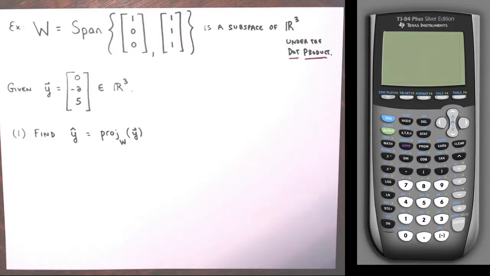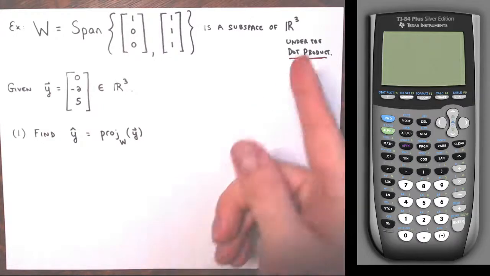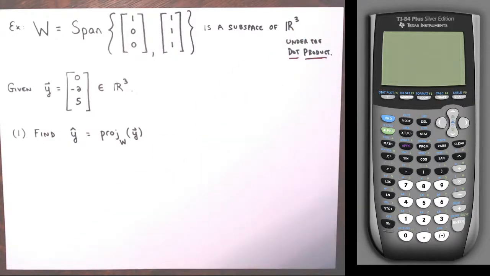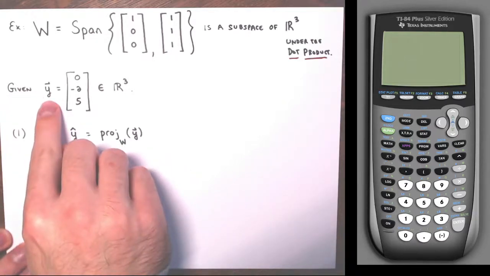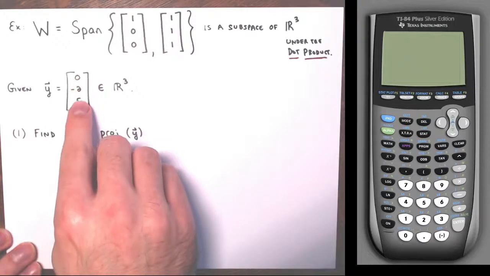Remember again that it would be done in a unique way because R3 is the direct sum of W and its orthogonal complement. Alright, so the vector I've chosen is the vector y is 0, negative 2, 5.